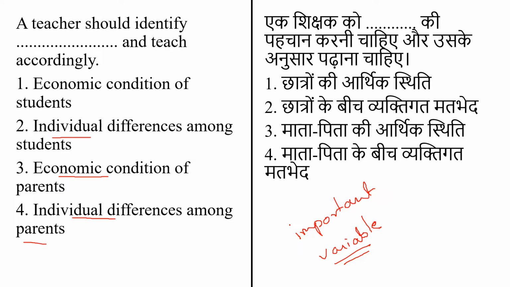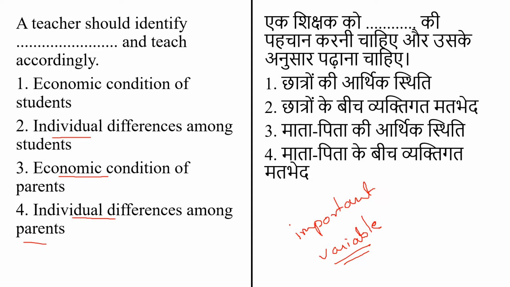When the teacher is teaching in the classroom and there is a student who is a slow learner, the teacher has to think about that child and teach accordingly. So the teacher can't go too fast or too slow. The teacher has to understand everybody's mind, the individual differences among the learners.